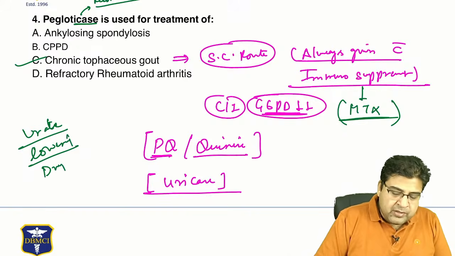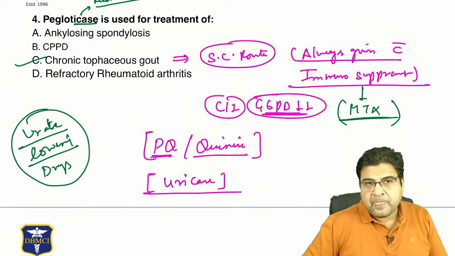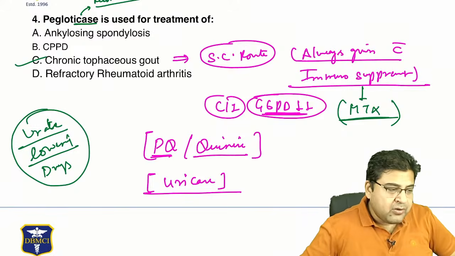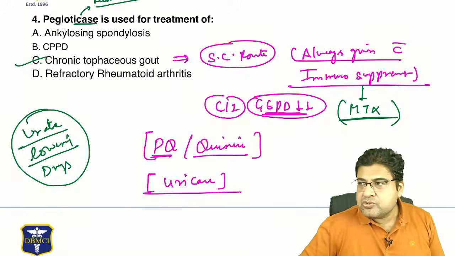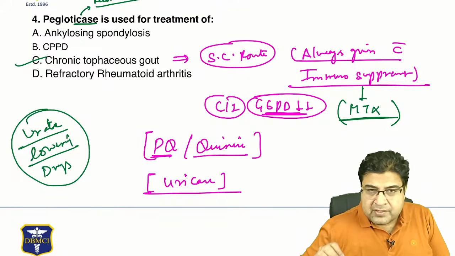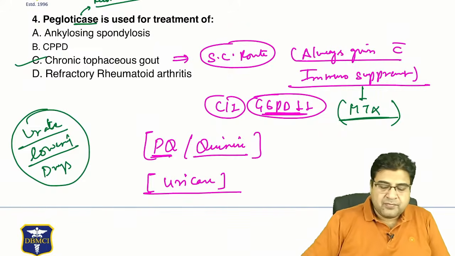This is one of the important problems associated with these medicines. For other medicines, if you ask which medicine we give along with allopurinol, the answer is colchicine, as a prophylactic drug of choice for inflammation. But along with these special medicines, we will give immunosuppressants like methotrexate.